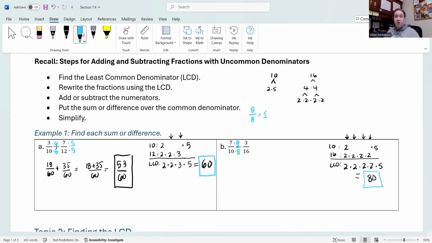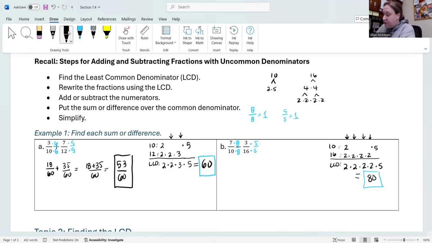When you multiply by 1, you don't change the value. We're simply changing the look of this fraction. And then to get 16 turned into 80, we would have to multiply 16 by 5. So I want to multiply 3 and 16 by 5, because 5 divided by 5 is really equal to 1. We're secretly multiplying by a weird form of 1.